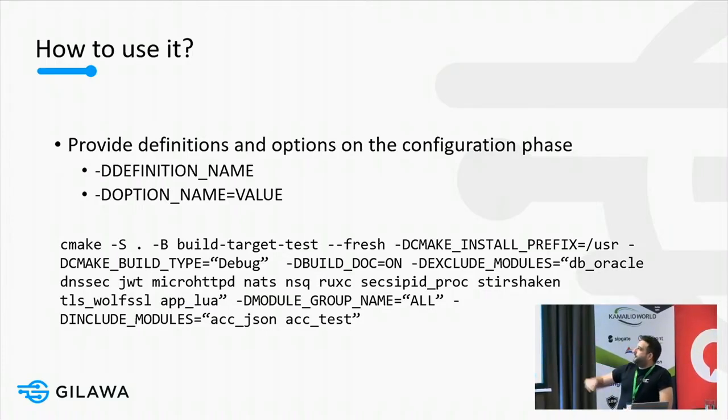And here we have two available variables from cmake. CMAKE_INSTALL_PREFIX is where we want our installation to be placed, and CMAKE_BUILD_TYPE is what type of build we want, for example release and debug for now. The rest are some of the options we provide in cmake.